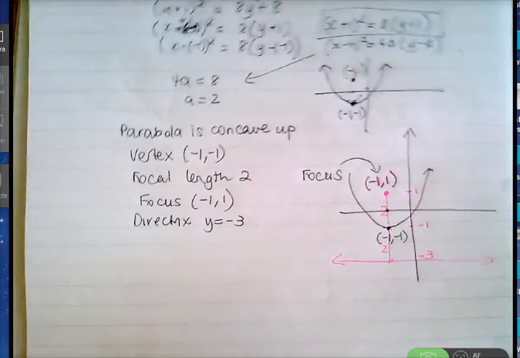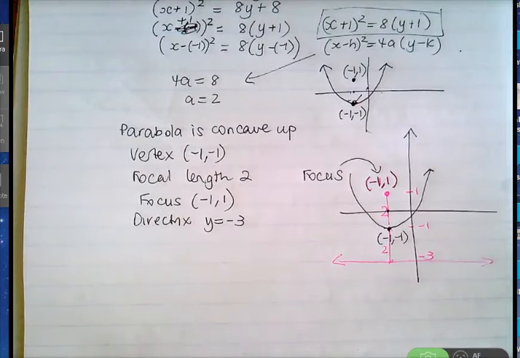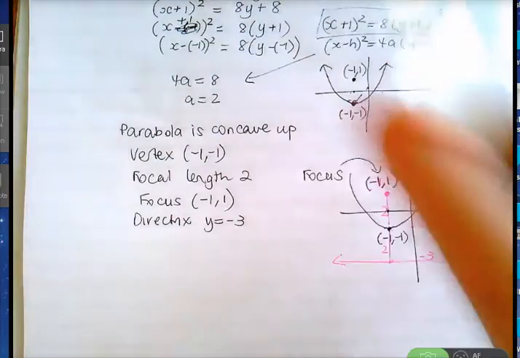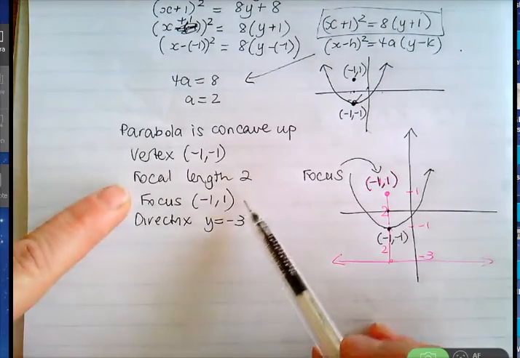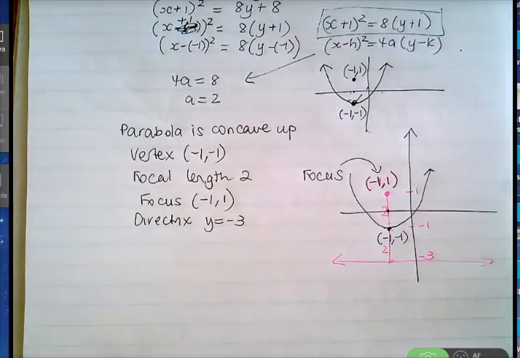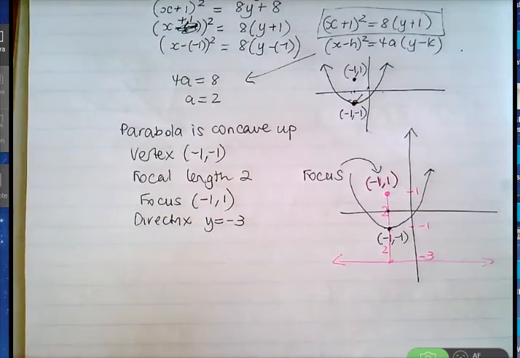I know I'm doing extra than what these are saying, but it ends up doing everything that you need for all the other questions. So I'm not just writing them in that form. I'm then finding the vertex, the focal length, the focus, and the directrix, because that's what they're going to ask you with any of these questions, okay?